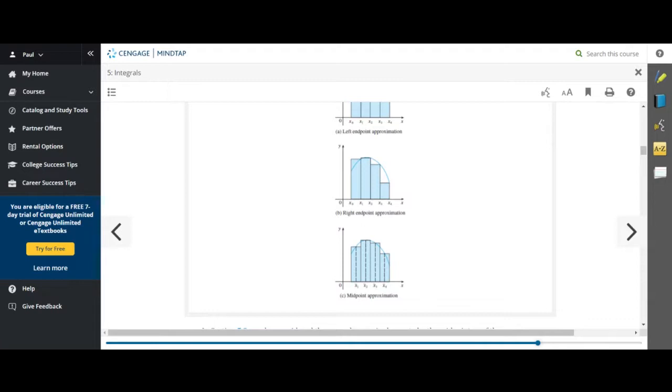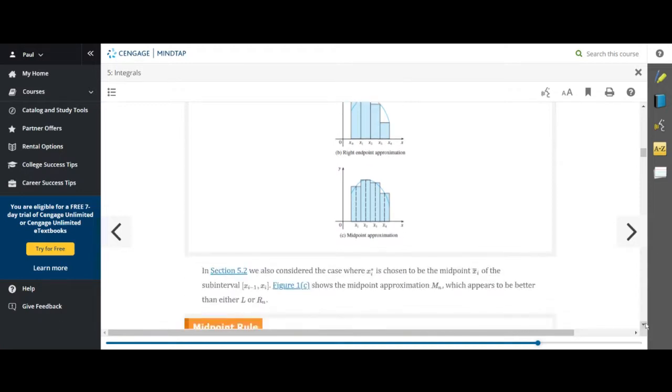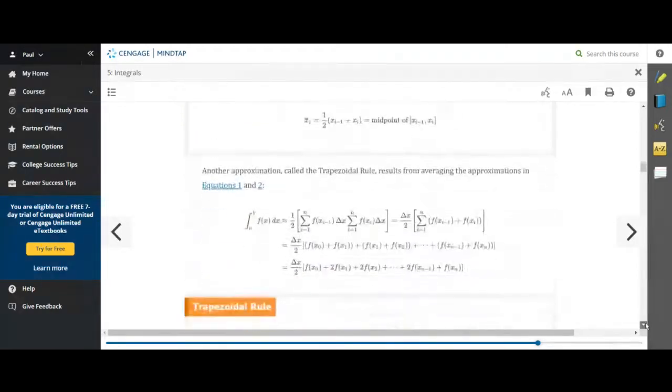Now, that doesn't mean the midpoint's always going to be the best, but the thing is, scientists, when they're approximating areas under curves, they want to try to be as accurate as possible. So mathematicians came up with other ways to approximate areas under the curves.